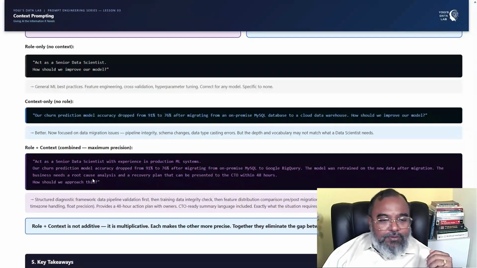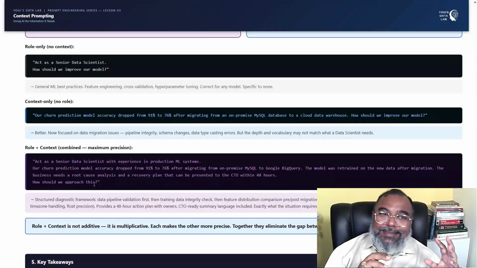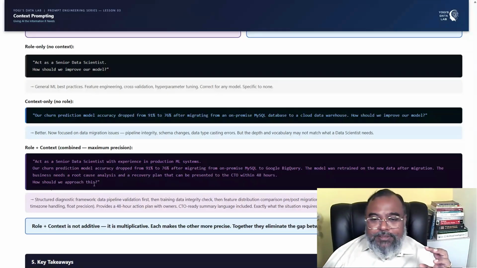The business needs a root cause analysis and a recovery plan that can be presented to the CTO within 48 hours. How should we approach this? If you look at this, it has gone ahead and set the role. It set the entire context, and it has set the audience exactly where you are going to present, as well as a constraint.